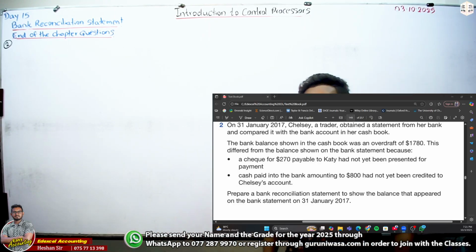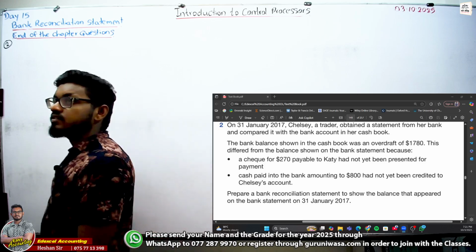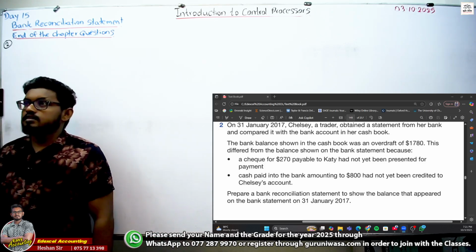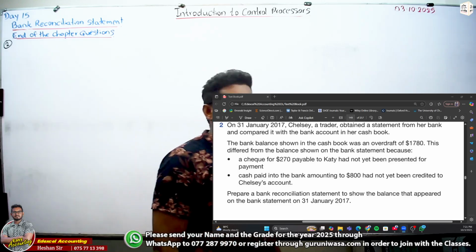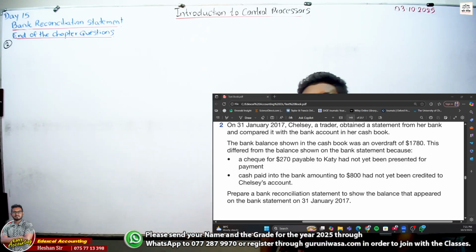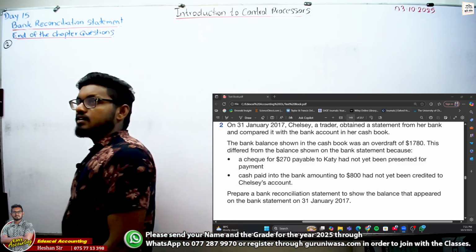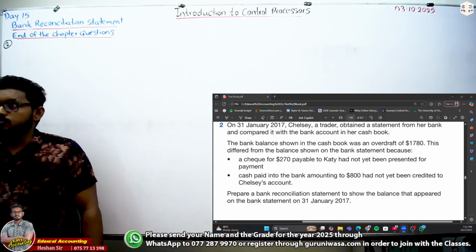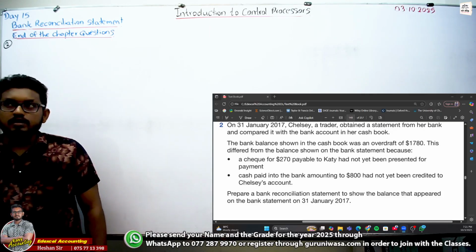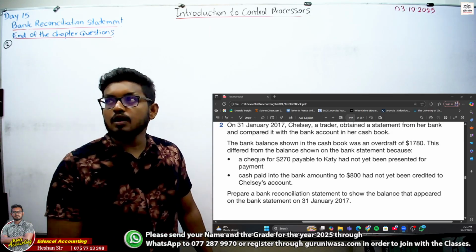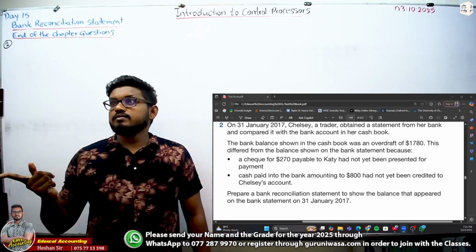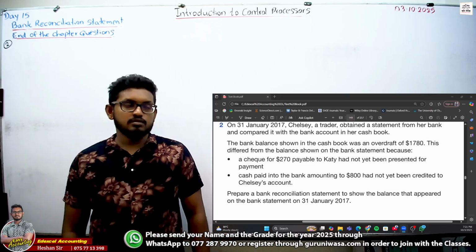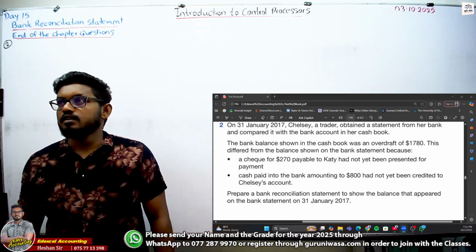On 31st January 2017, Chelsea, a trader, obtained a statement from her bank and compared it with the bank account in her cash book. The bank balance shown in the cash book was an overdraft of 1780. Bank balance shown in the cash book means the bank column of the cash book.